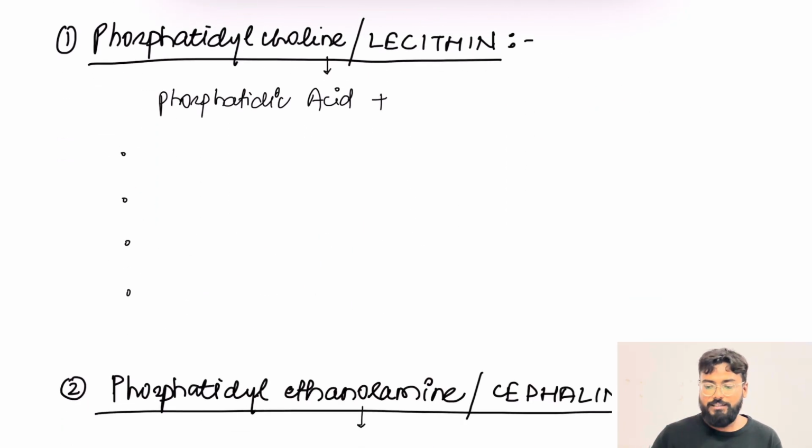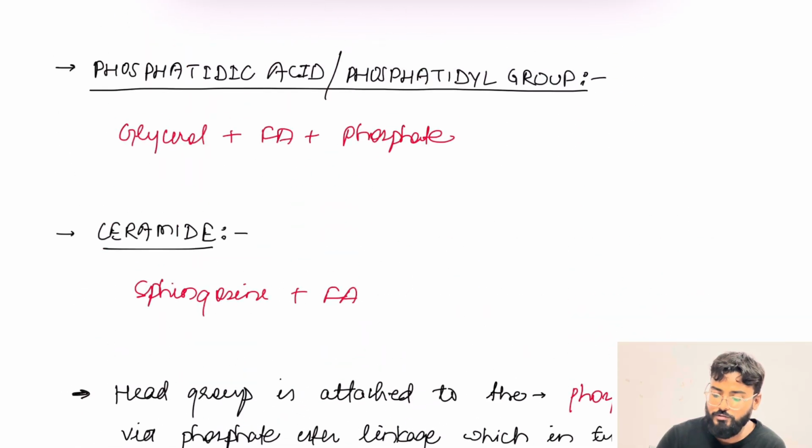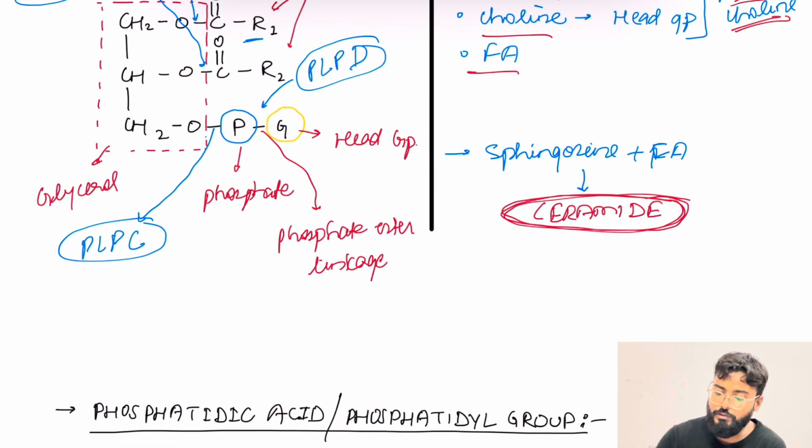Now we will further see these individual glycerophospholipids, how they are formed and where they are found inside the body. So phosphatidyl choline, which is also known as lecithin, is formed when, from phosphatidic acid, we add a head group.